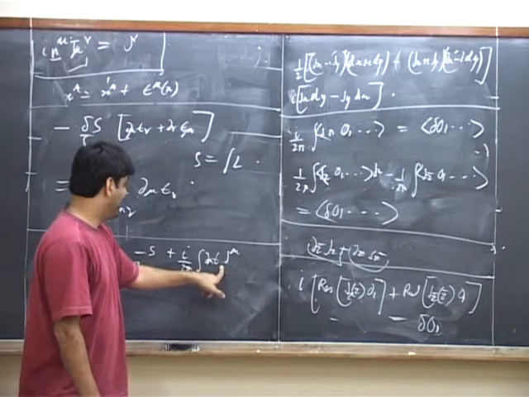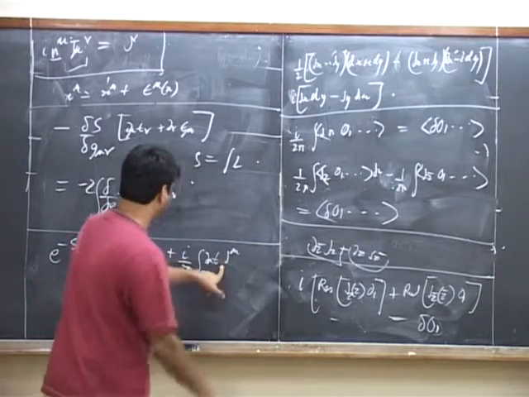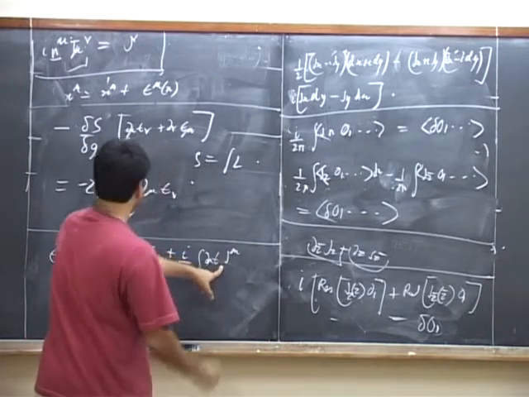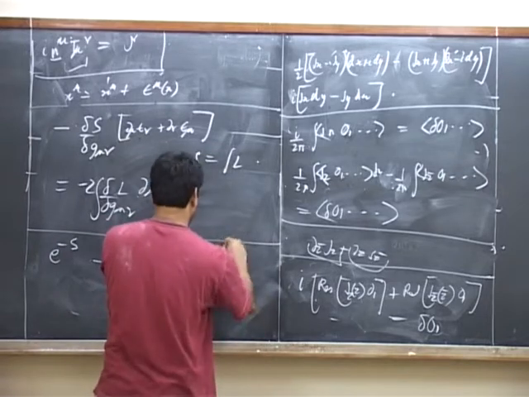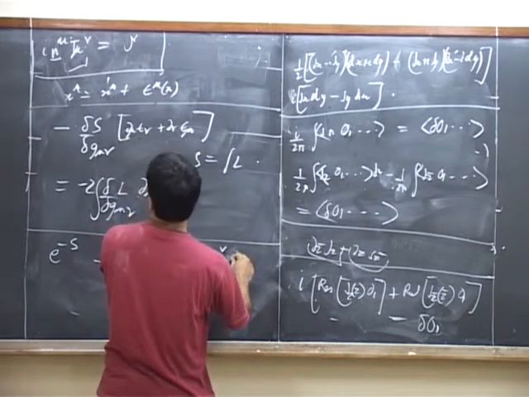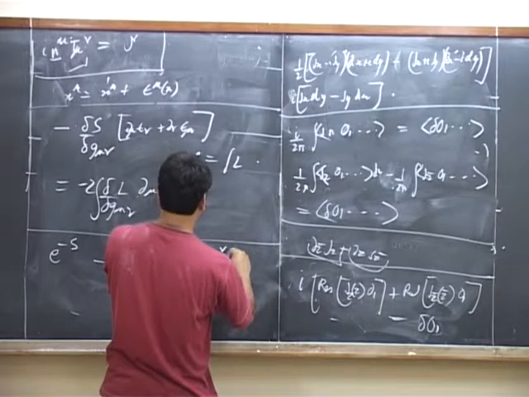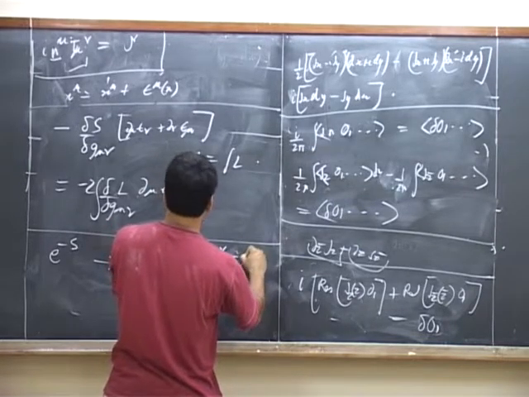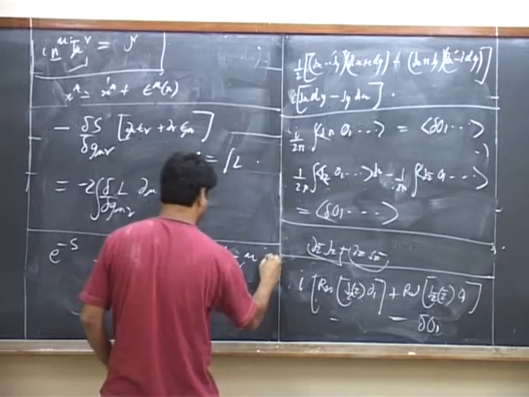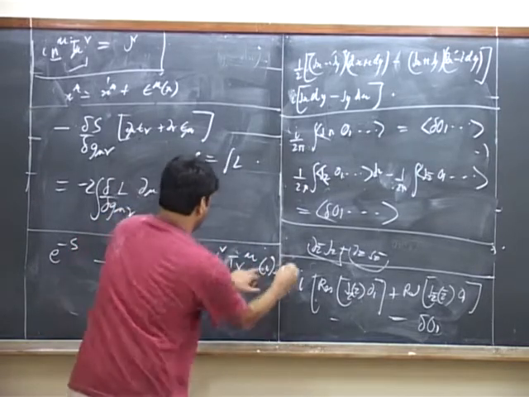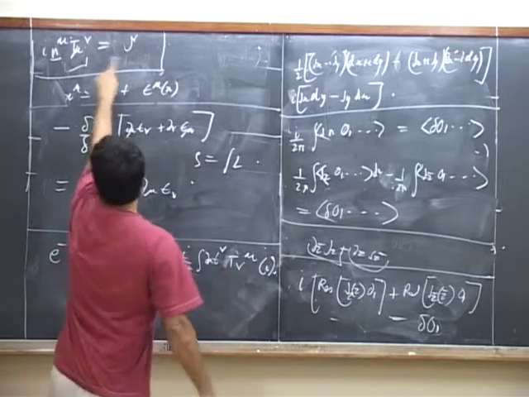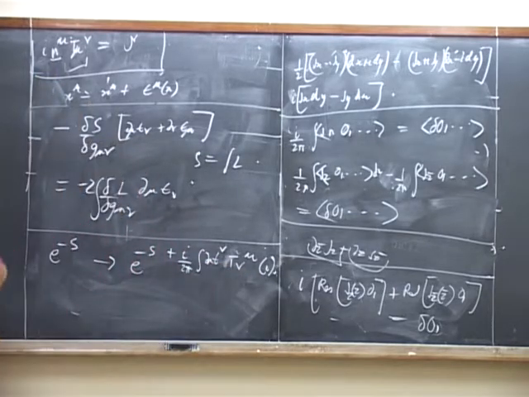Now, when epsilon itself carries an index, this is equal to epsilon nu times T nu mu times i, because J was this.